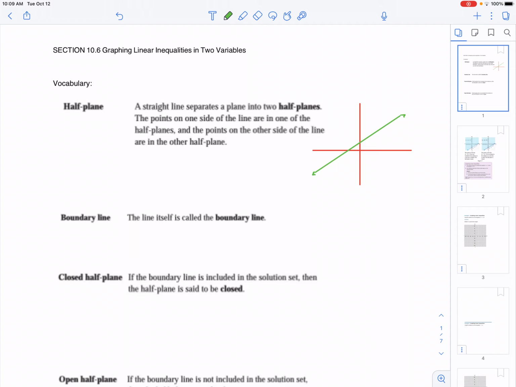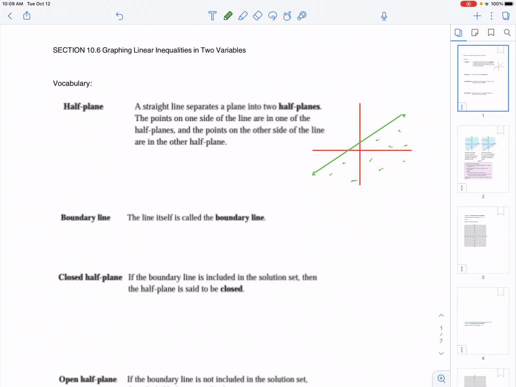So you see how that line that I just graphed there takes the grid, and there's a region up here above it, all of these points up in this area. That's one half plane. And the other half plane is all the points over here on this side of the line.